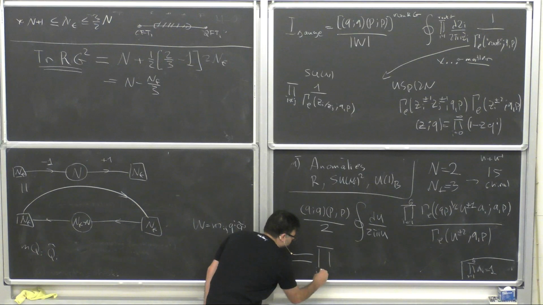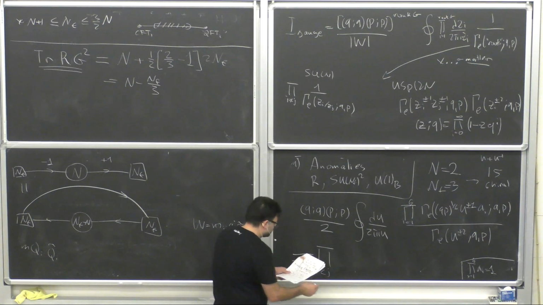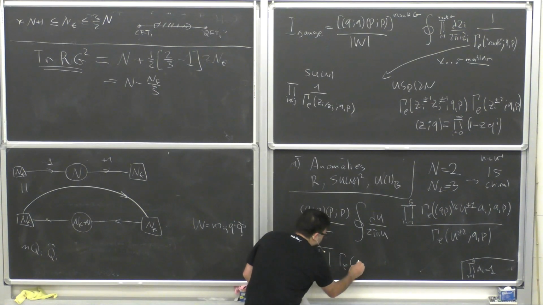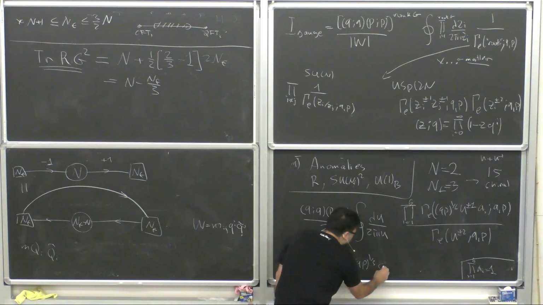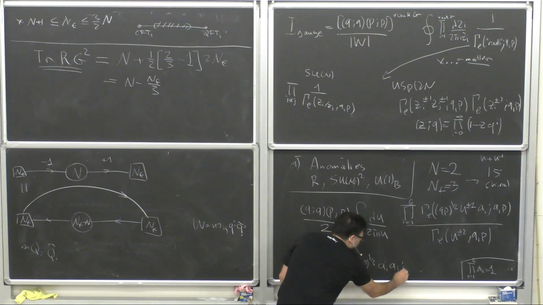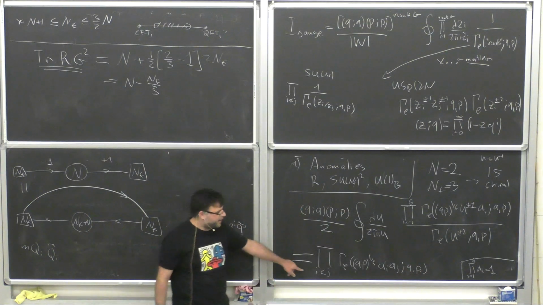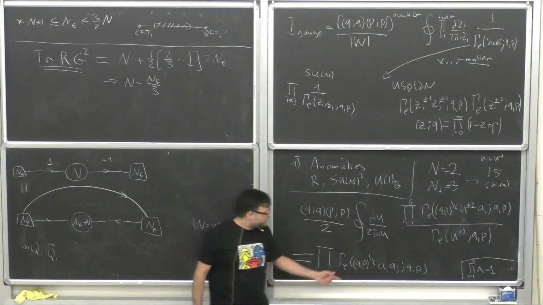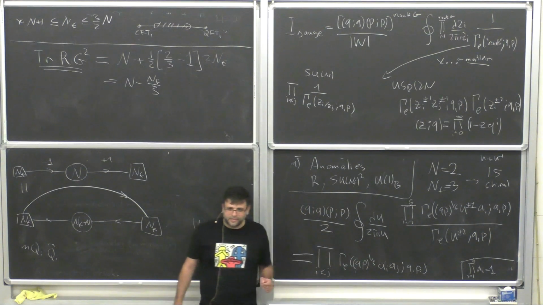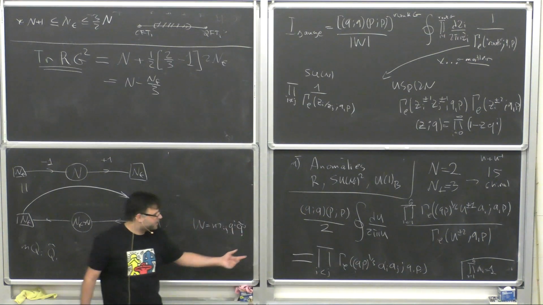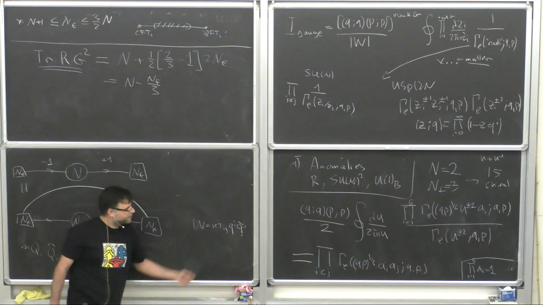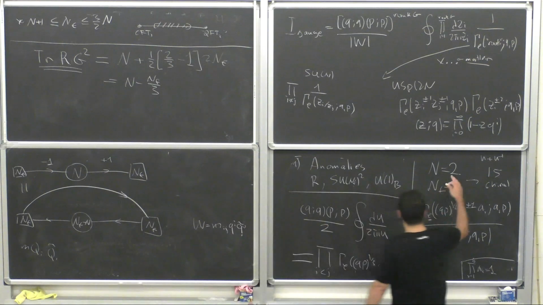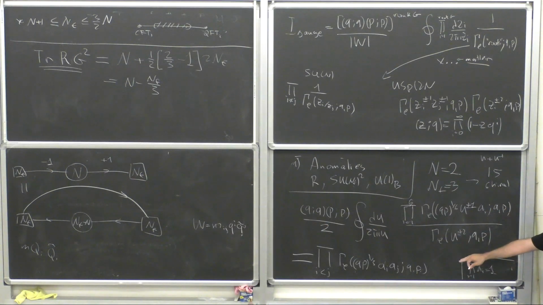You have the product over i smaller than j of gamma_e of (QP)^(1/3) a_i a_j; QP. So you have 6 times 5 divided by 2, which is 15 gamma functions, which correspond to the 15 fields that you have here. So if this duality is correct, this equality has to hold.